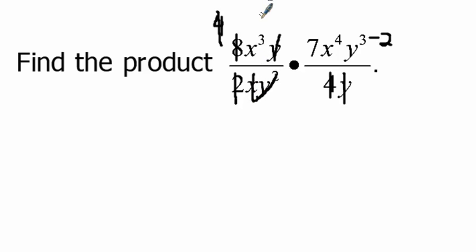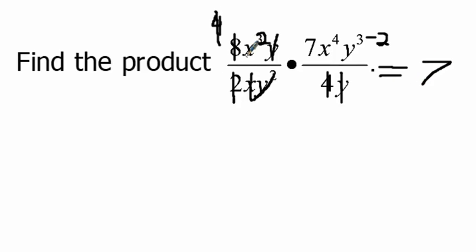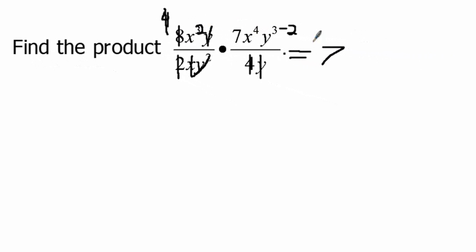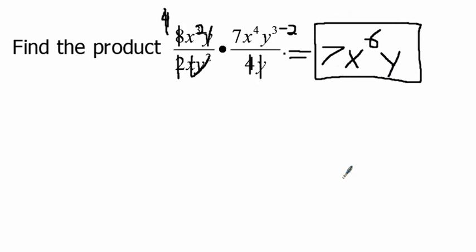X, I'm going to subtract an x, so that's going to make that a 2. So I can write them all out as I go here, and that's going to give me 7 in the numerator. X to the 4th times x squared times x to the 4th is x to the 6th. Y to the 3 minus 2 is y. So that would be my final answer.